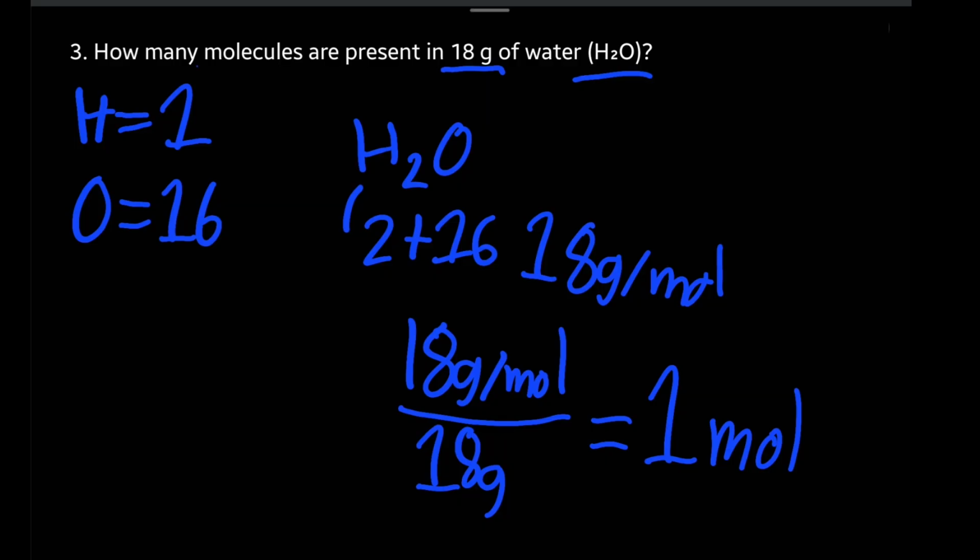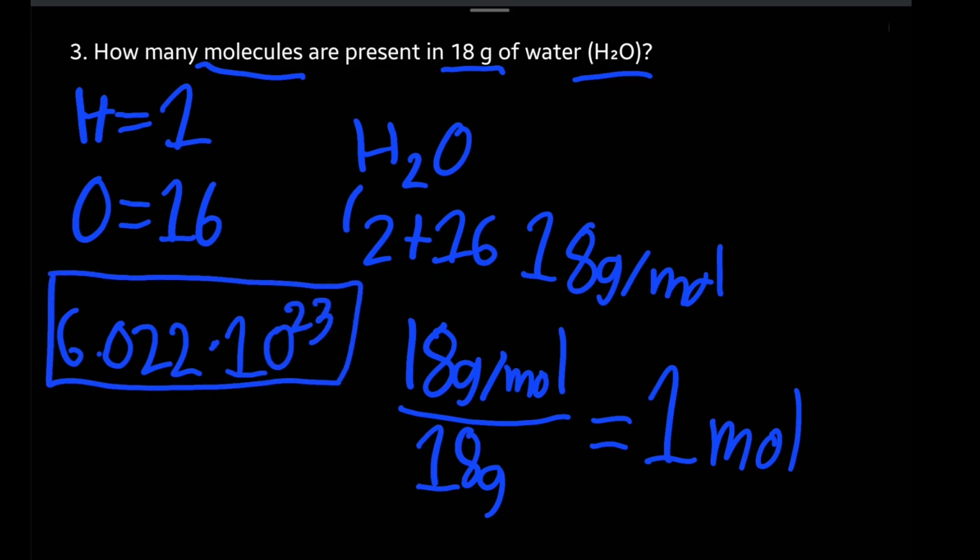Now it asks how many molecules or how many atoms we have. Since we already have 1 mole, we could just convert it into atoms. And if you could recall, a mole is equivalent to 6.022 times 10 to the 23rd amount of atoms. This is our answer. We have this much molecules in 18 grams of water.